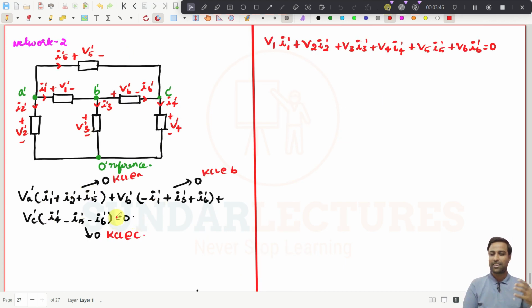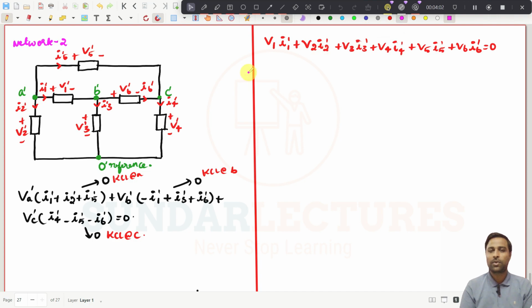And instead of I1, you can go for I1 dashed. You will get all the currents, right? Then if you simplify that, KCL at node A, node B, node C becomes 0. That is the whole idea, right?